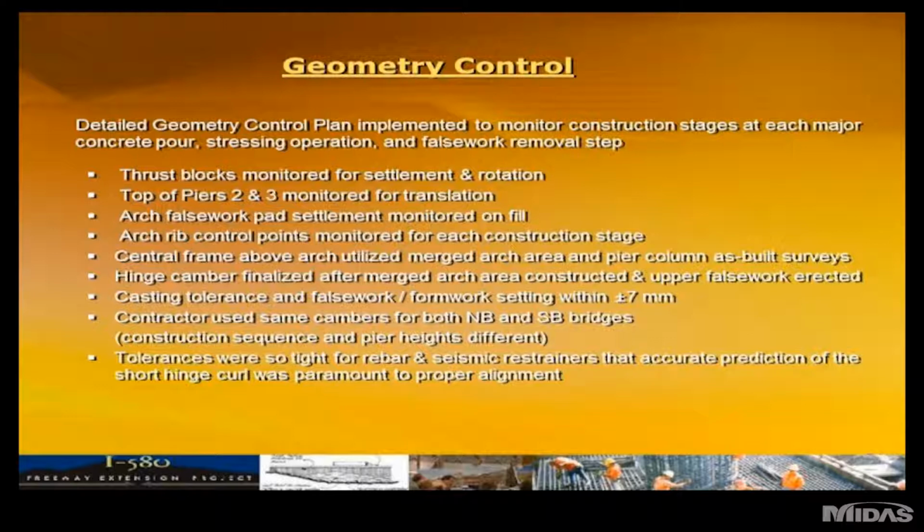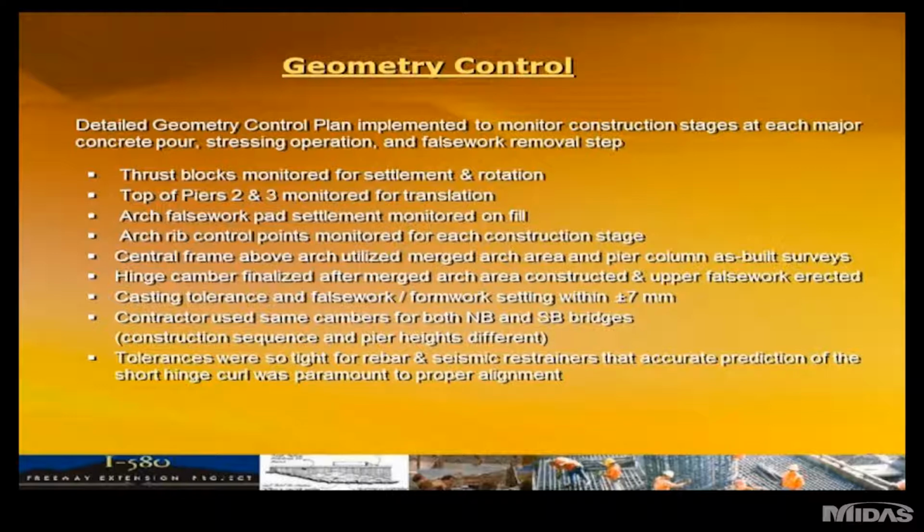As I mentioned, for the central frame above the arch and emerged area, they took the as-builts of the two main piers plus the arch as-built in order to fine-tune the superstructure casting line. Casting tolerances were within plus or minus a quarter inch, 7 millimeters. The contractor with the twin bridges used the same model for both bridges.